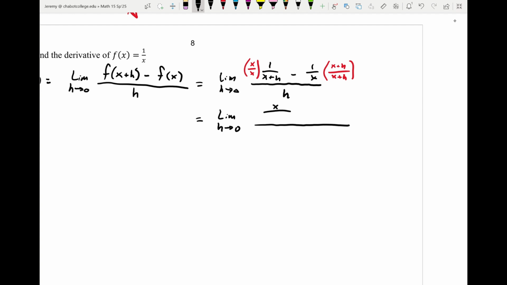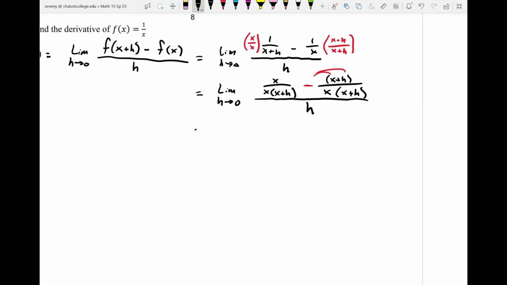So this will be x over x times x plus h minus, in this numerator we'll have x plus h over x times x plus h, and the denominator of the main fraction is still h. I put grouping symbols around this x plus h here because remember we're subtracting, so I have to distribute that negative sign to those two when I subtract these two fractions now that we have common denominators. So here's what we'll get.